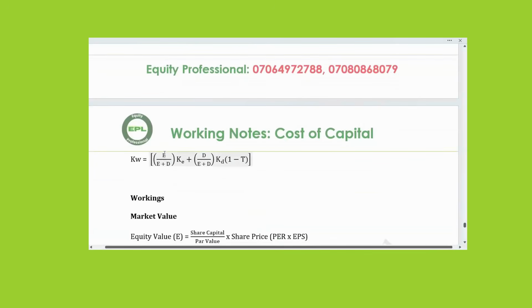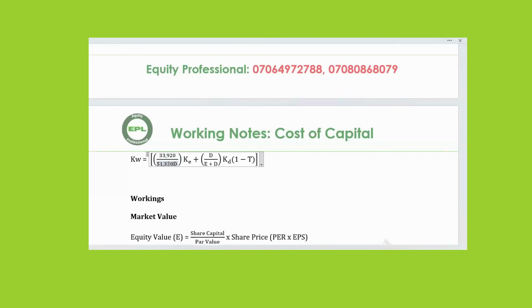So the equity value of Kilimanjaro, we have calculated 33,920. The total value of equity and debts, according to the question and based on our calculation, is 51,320. So the cost of equity we calculated is 18.73%.